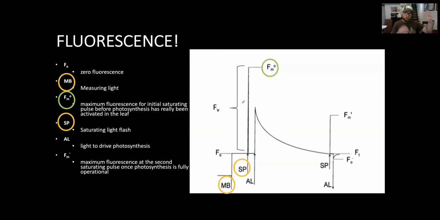And if they're closed, that means they're using that light to go through the light reactions and drive photochemistry. If it's really small and they're open, that means they're not actually utilizing that light that we're blasting them with, or it might mean that that light is being dissipated as heat, because we're not measuring that in this particular example. So FV/FM tells us what proportion of the light is being used to drive photochemistry.